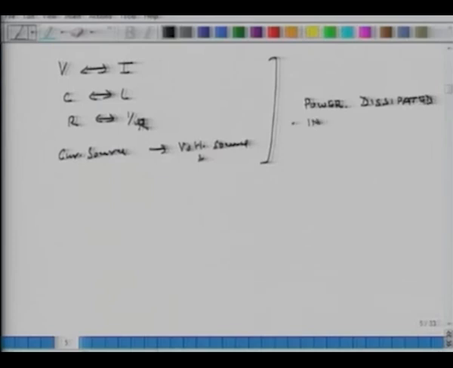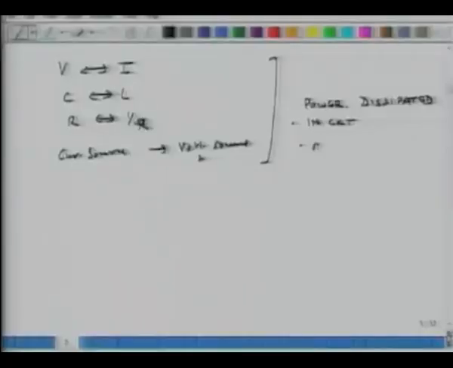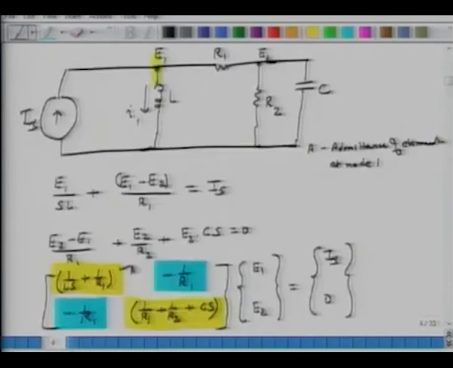So power dissipated in circuit does not change. Also power dissipated in every network and across each element, that also does not change. So circuits like the two which we saw, circuit A is called dual of circuit B and vice versa.